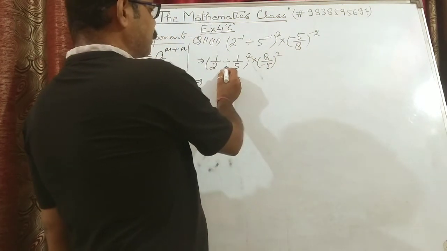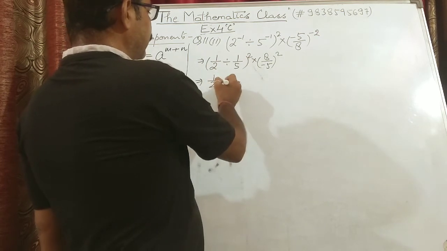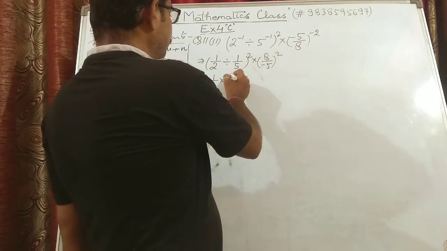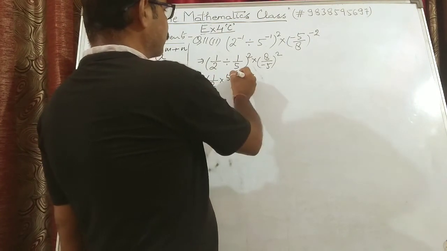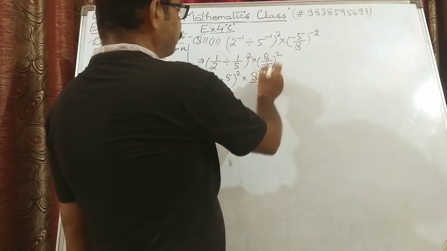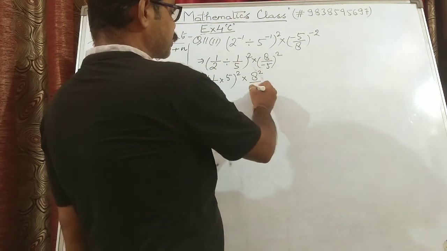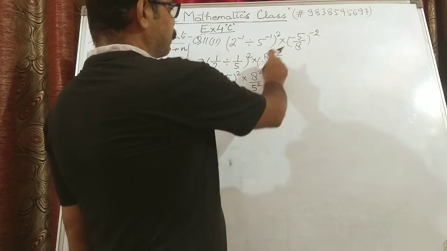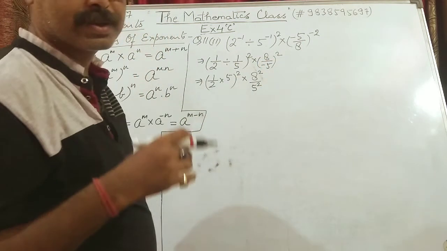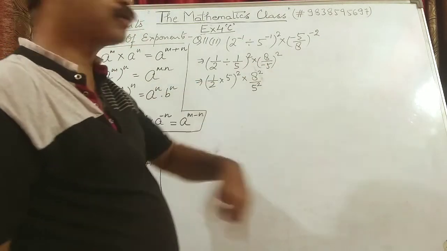This division sign will become multiplication, and 1 upon 2 into the reciprocal of 1 upon 5 will be 5, and whole power 2, into 8 square. And minus 5 square will be plus 5 square, because when there is an even number in the power, the negative sign converts to a positive sign.